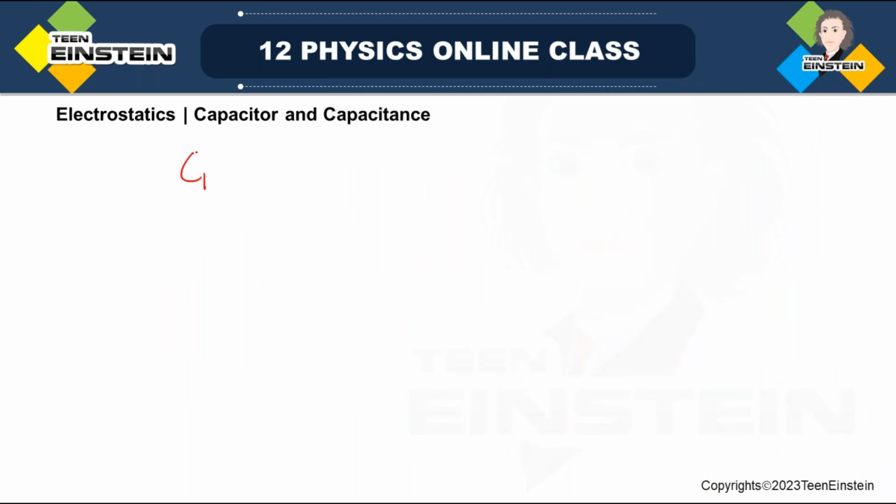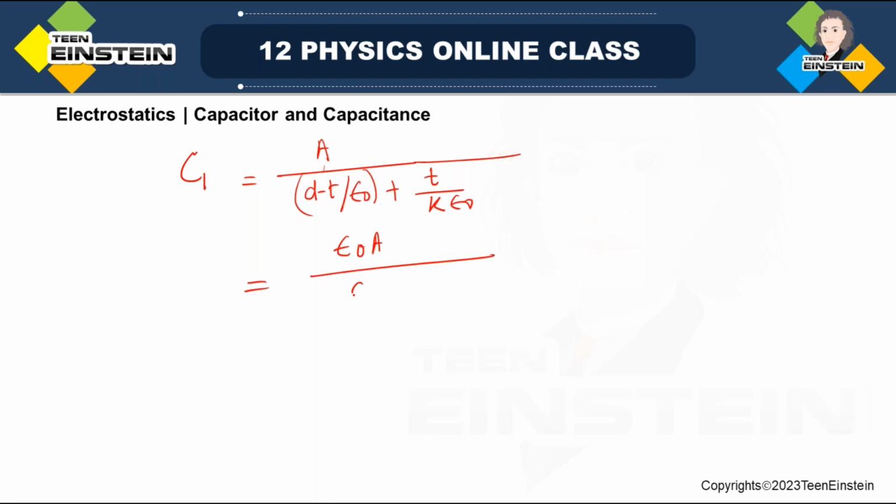So C will be A divided by D minus T, this is in the air, plus T by K epsilon 0. Taking epsilon 0 out, epsilon 0 A divided by D minus T plus T by K.